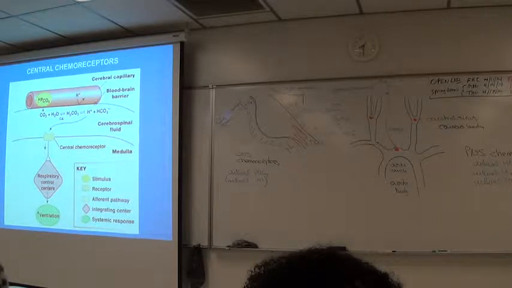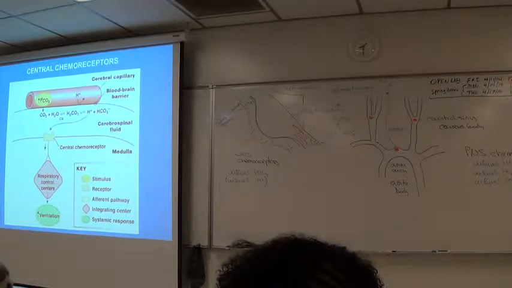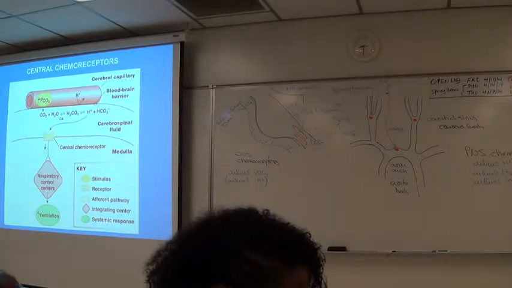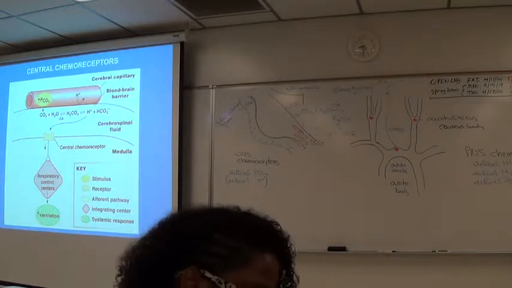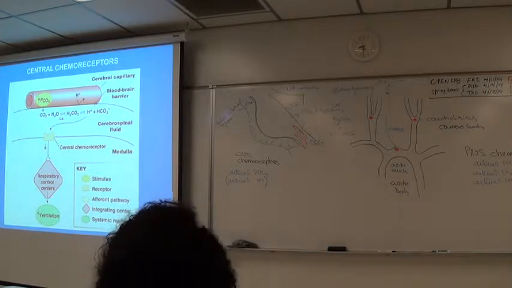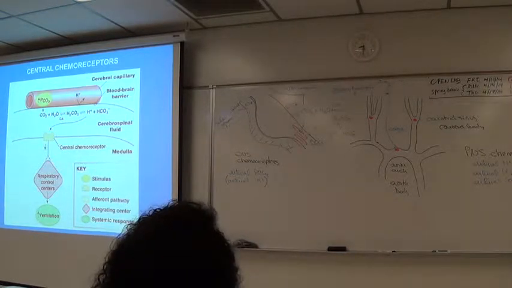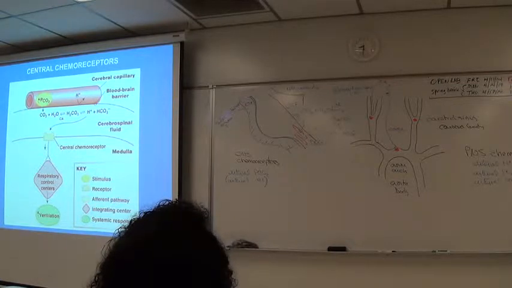So you're going to have a shorter 3-second expiration and a more frequent, probably still close to 2 seconds inspiration. And this can become deeper, not just more frequent tidal ventilation, but deeper ones as well. So that's the primary role of the central chemoreceptors.